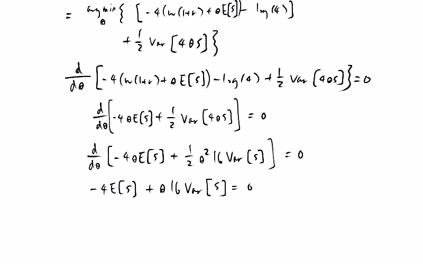Rearranging gives you theta equals to, what does it equal to? Oh, the 4 would cancel out, so let me just skip that too. ES over 4 variance S. Okay. Done. All right. So after all this math, this is what we get.